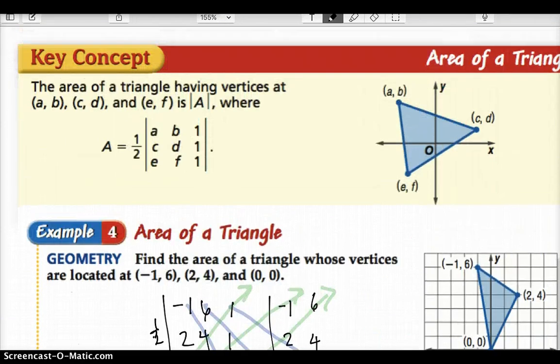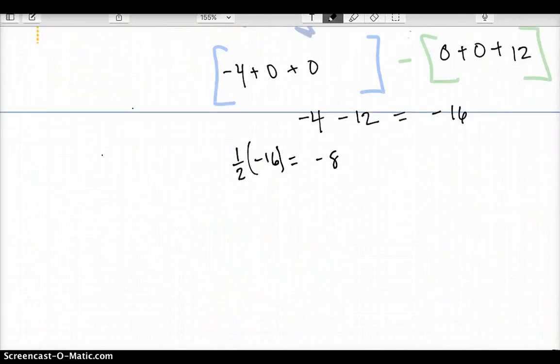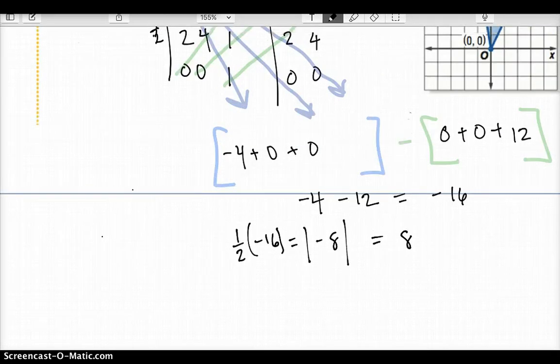It said that the absolute value of whatever we get for A, once we get A and we take the absolute value of it, that's going to be our answer. So the area of that triangle here is going to be 8 square units, whatever the units are.